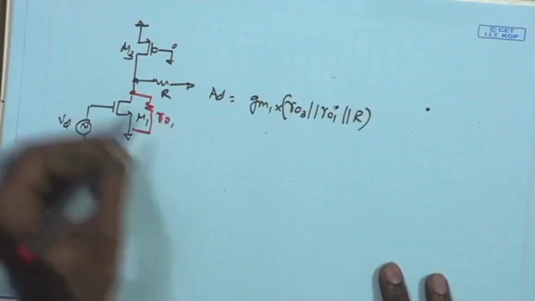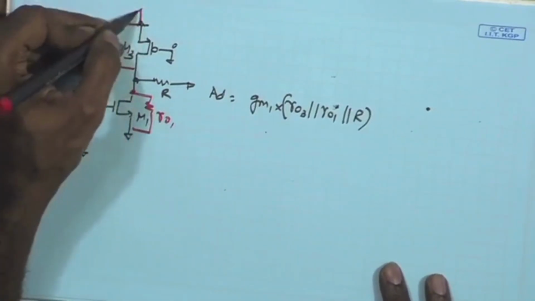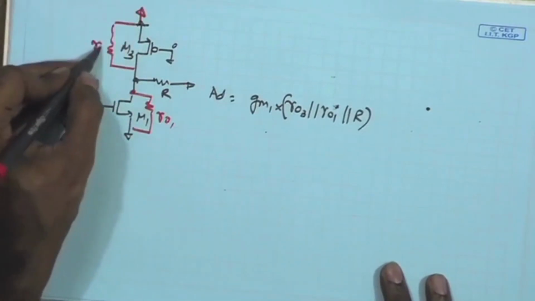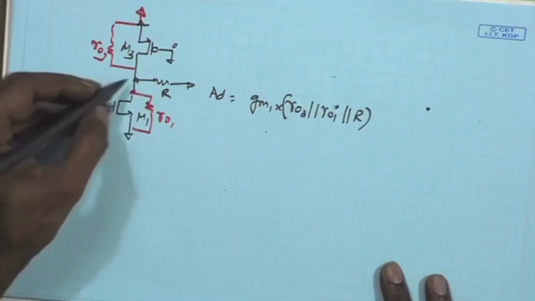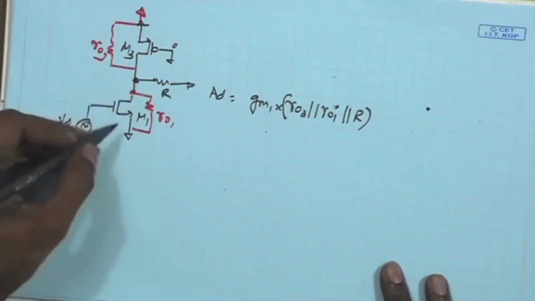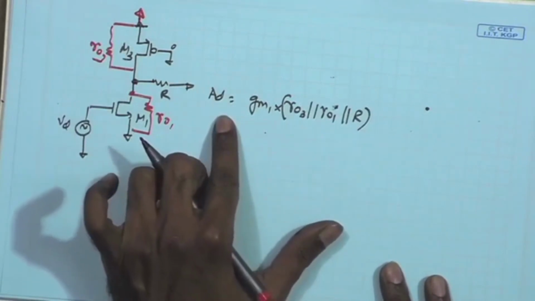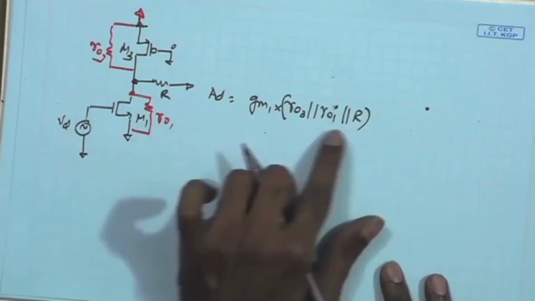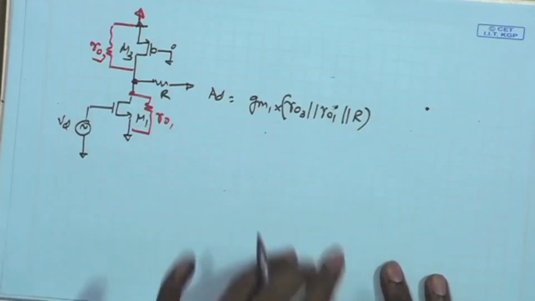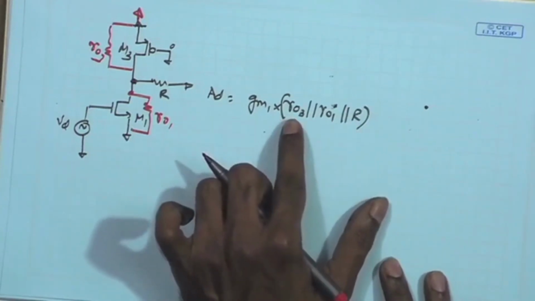So, you have RO1 over here, likewise you have RO3 over here. VDD is effectively an AC ground for the small signal analysis. So, basically RO1, RO3 and R all appear between the output point and the respective AC grounds, and therefore, if we want to maintain large open loop gain, we must make sure that R is sufficiently larger as compared to RO3 and RO1.